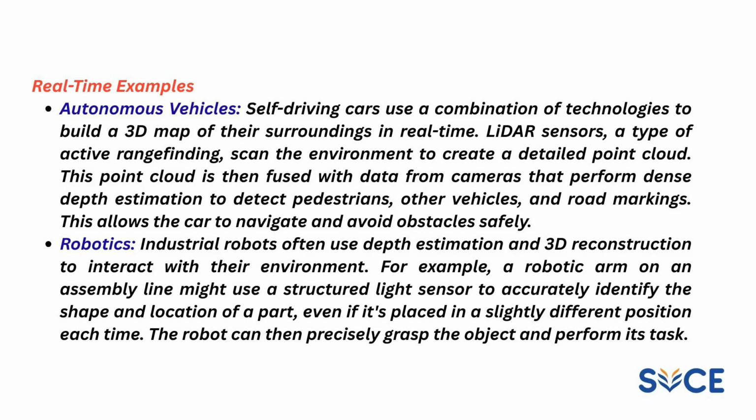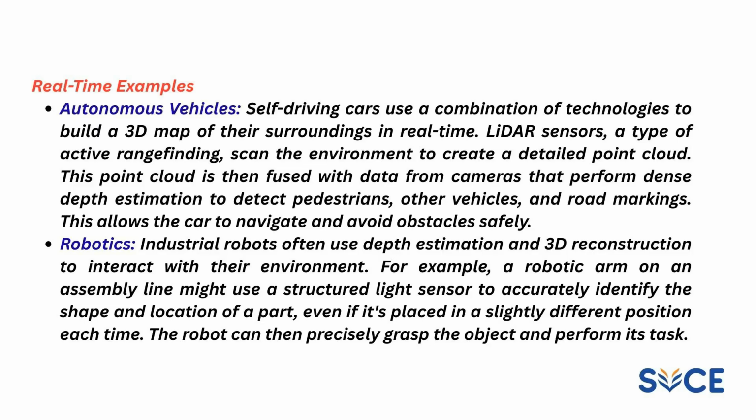This data is then combined with camera images to estimate depth. So the car can see the pedestrians, the road markings and other vehicles, all in a 3D view. Without this, the car would have no idea when to stop or turn safely.